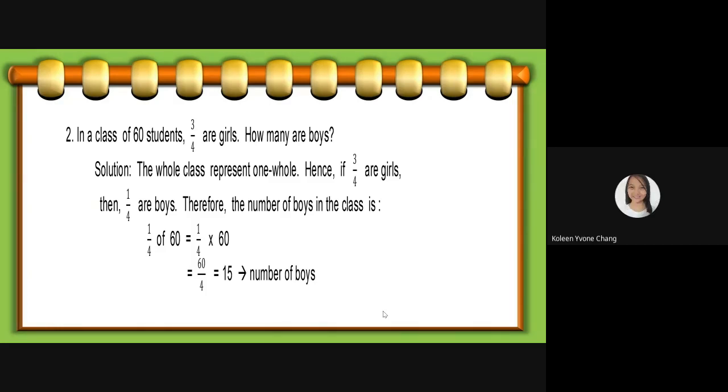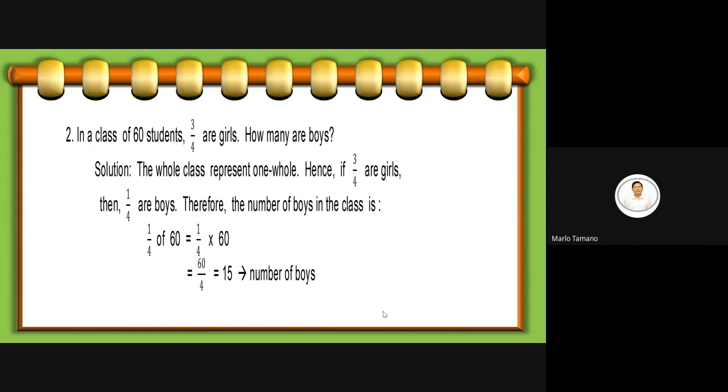In a class of 60 students, 3 out of 4 are girls. 3/4 po. Ulit. In a class of 60 students, 3/4 are girls. How many are boys? You read it 3/4. Again. Pakibasa ulit.